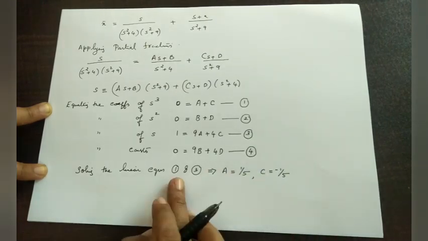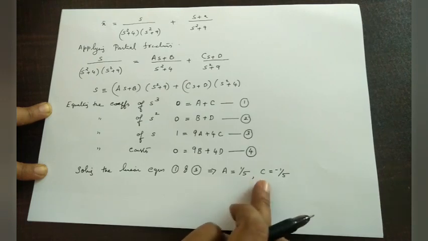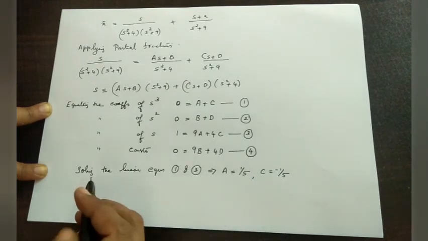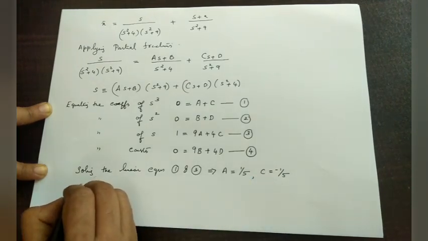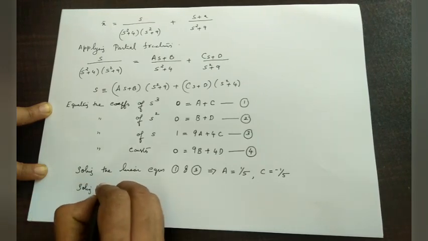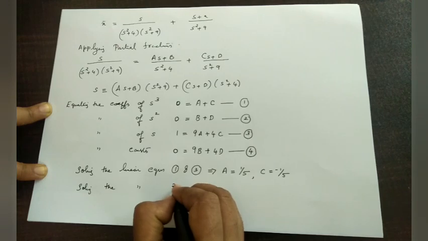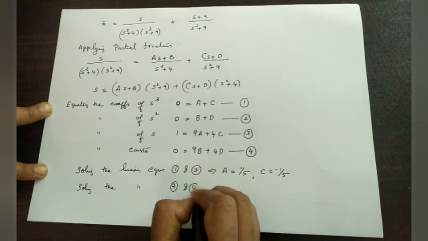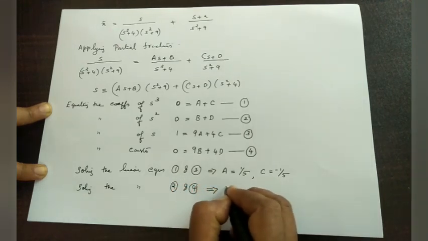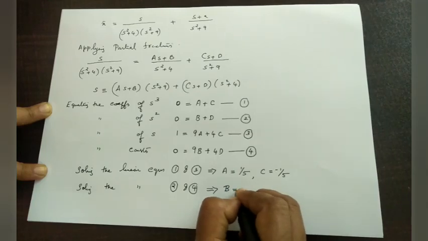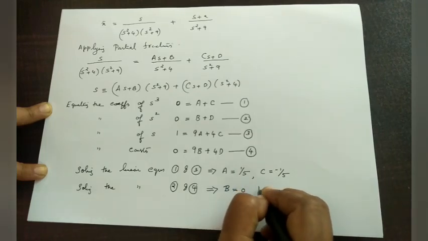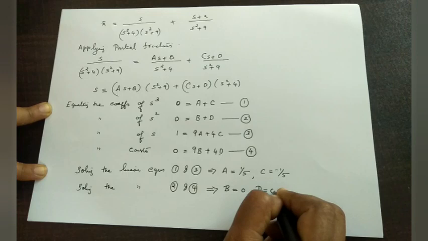So from the first and the third equation we get the values for a and c by solving the linear equations. Now solving the linear equations 2 and 4 to obtain the values for b and d, we get b as 0 and d as 0.